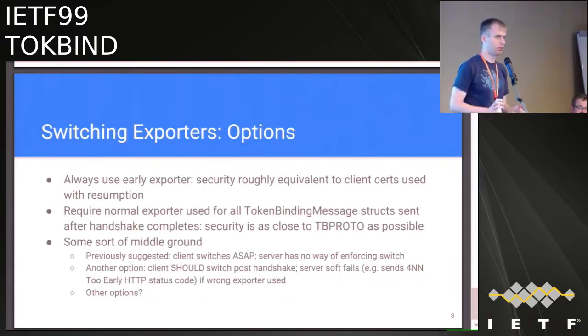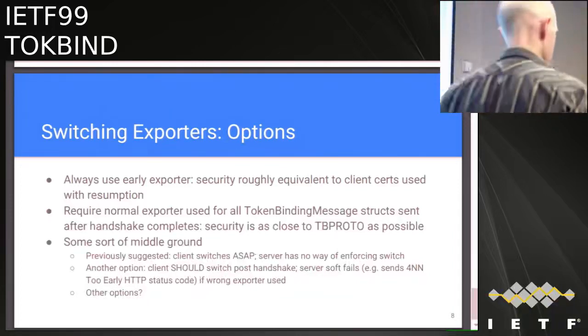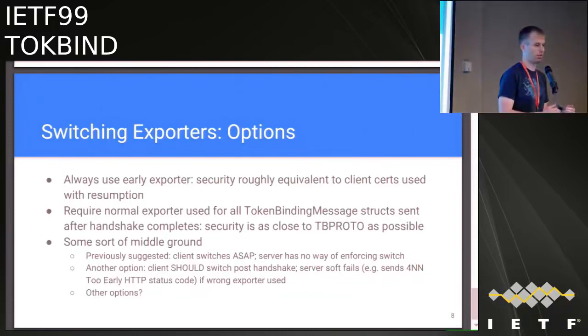So I think for the authentication thing, we don't have a client certificate that has a subject name in it to say who the user is, but it does say this is the public key that's used. Basically it uses the public key as the identity, so the server can say, yes, this is the same person that I saw last time with this public key, which is the amount of identity that token binding is providing.